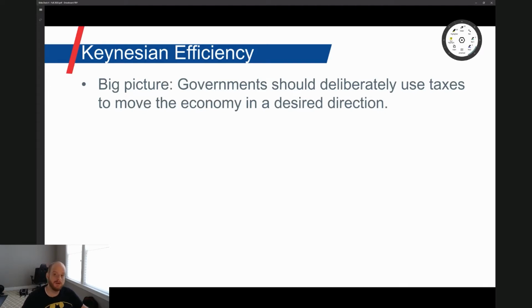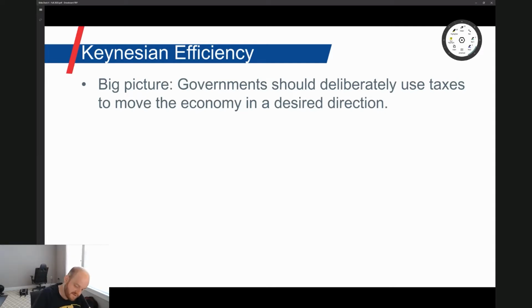If we want to curb behaviors like smoking or consumption of sugary beverages, or extremely high consumption of alcohol, then we should put taxes in place that are aimed to steer people away from those directions. So this is exactly the opposite of what is espoused by the classical theory of economics and what they believe efficient taxes should do. So if you subscribe to Keynesian economic theory, you believe that governments should deliberately use taxes to move an economy in the desired direction, right?